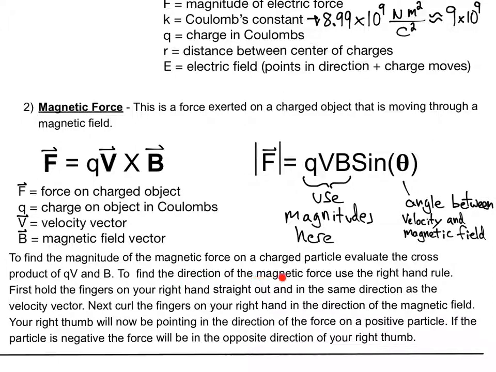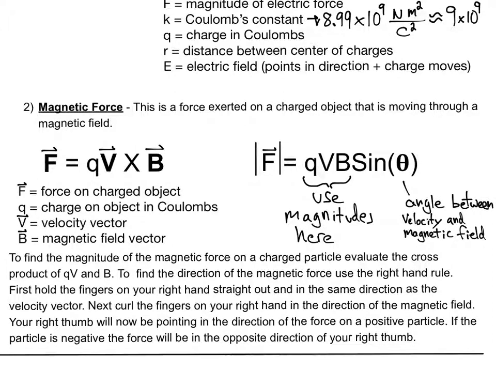If you wanted to find the direction of the magnetic force, you've got to use the right-hand rule. You'd point the fingers on your right hand straight out, and you'd hold your hand so that your fingers point in the same direction as the velocity vector. Then you curl your fingers on your right hand in the direction of the magnetic field. And you may need to rotate your palm up or down so that your fingers have the ability to curl in whatever direction you're trying to.